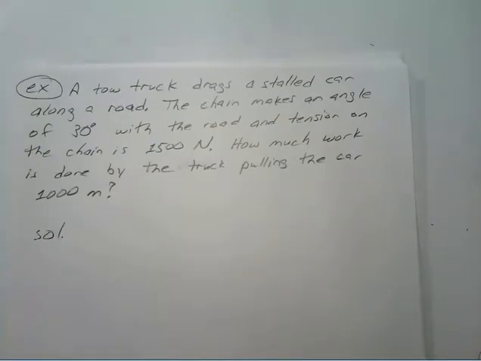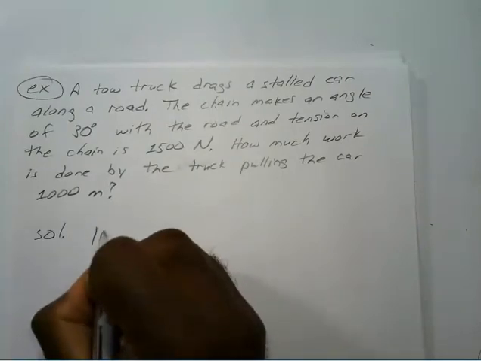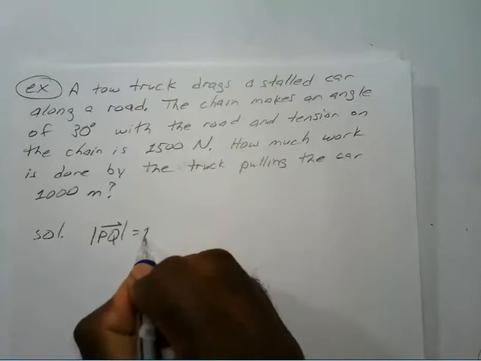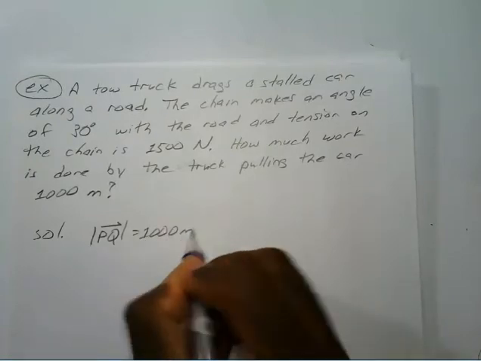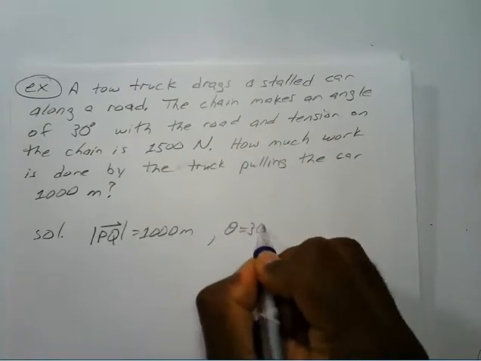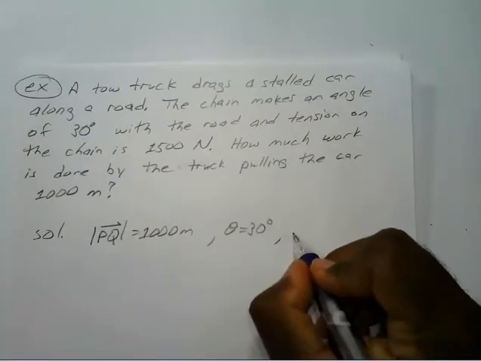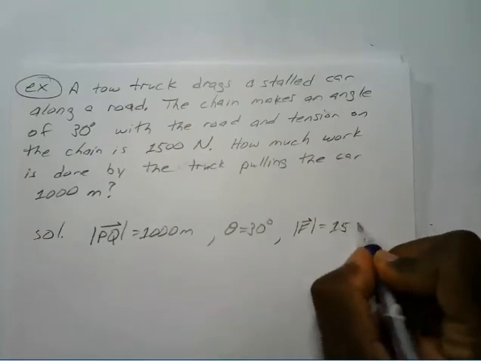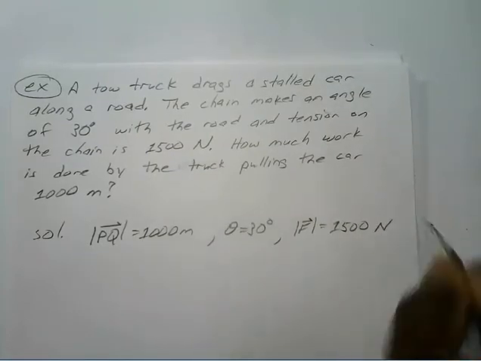All right, so to solve this one, we know that the distance from point P to Q is 1,000 meters. Our angle is 30 degrees, and the magnitude of the force is 1,500 newtons.